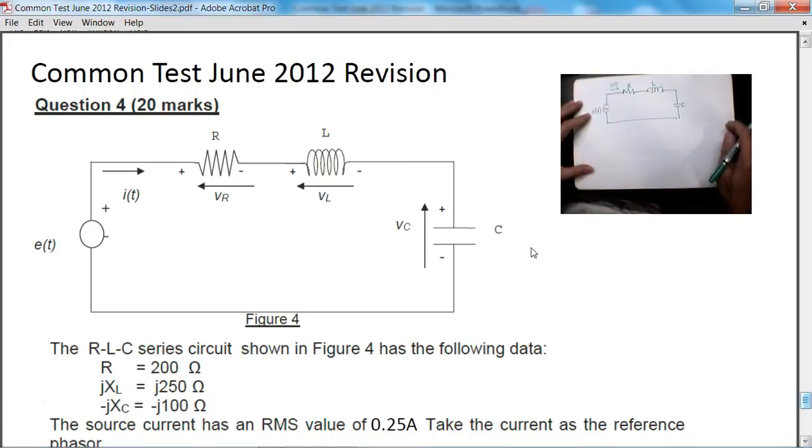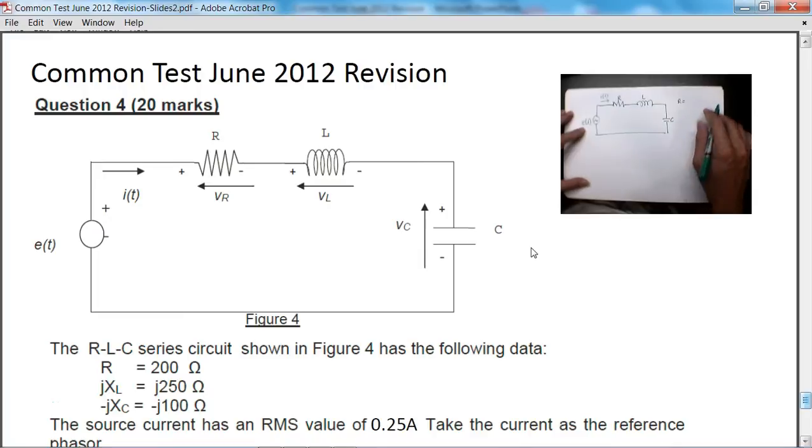Alright, and we are given that R is equal to 200 ohms. The inductive impedance is j250 ohms, and the capacitive impedance is minus j100 ohms.